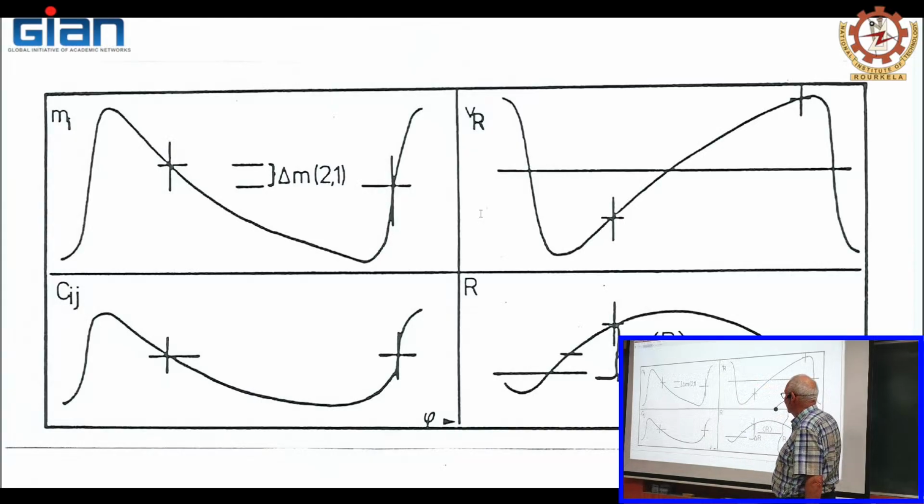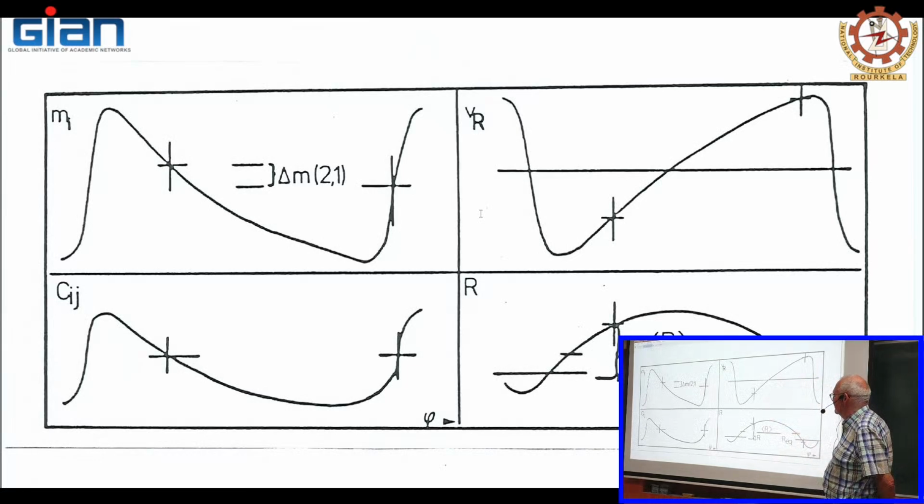According to the relation we found before, this difference for points of equal color gives us the ratio of the two radii. Then we have the simultaneously observed radial velocity curve, which is symmetrized along the line to which the curve is symmetric. Here are the two points, 1 and 2, which correspond to the same color. Then we integrate this curve with respect to time and get the radius as a function of time, and we can determine at these two points the difference in radii.